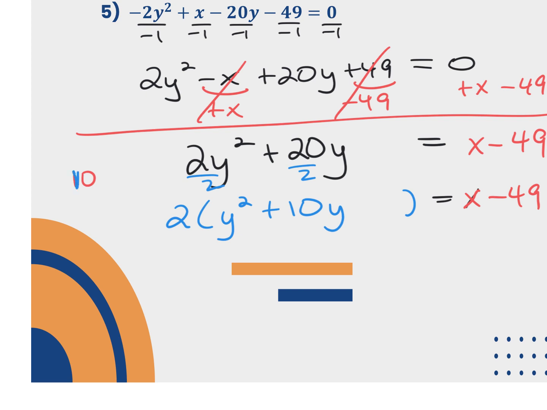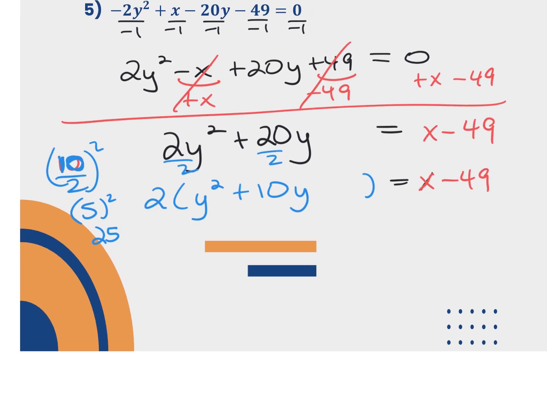So the 10 divided by 2 and squared, 5 squared, and I get 25. So now I should be adding 25, but remember we had this 2 that we factored out. So 2 times the 25. So we're going to be adding 50 over here.